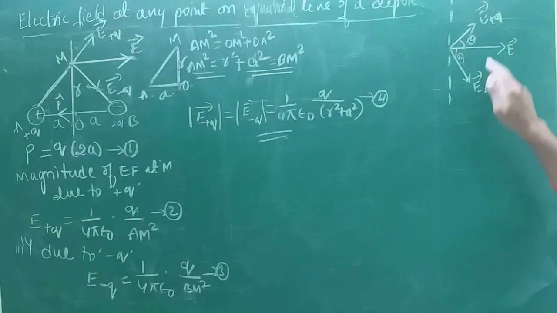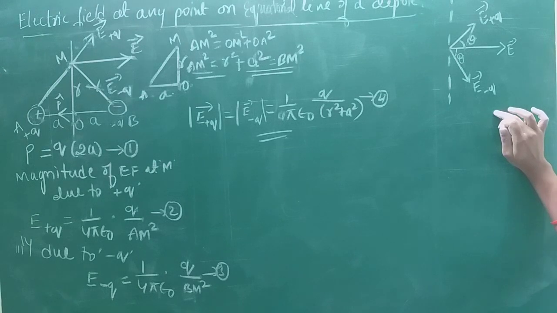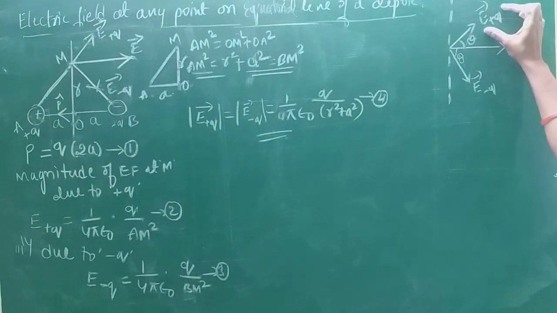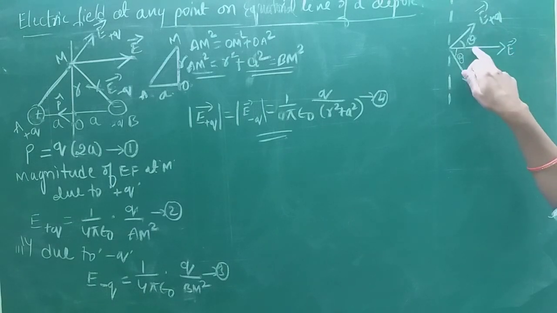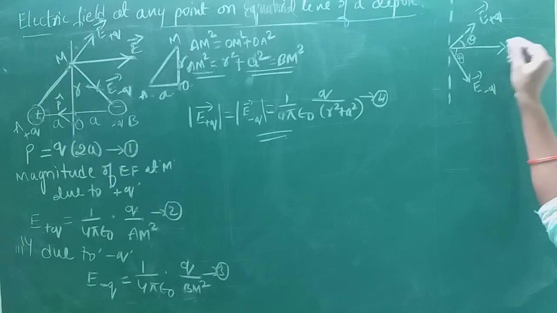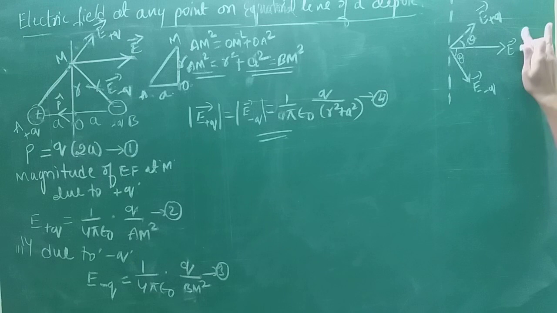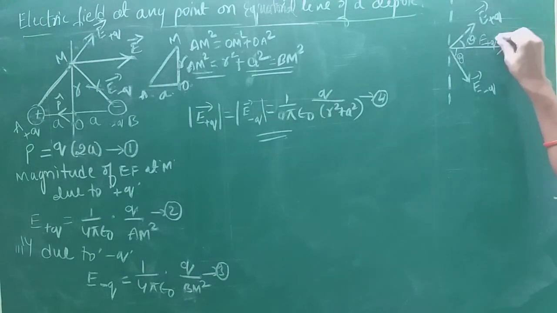If we resolve the electric fields, that is vector E plus Q and vector E minus Q, into two rectangular components, then by resolving vector E plus Q along the direction of vector E, since this is adjacent to this direction, we get the adjacent component, E plus Q cos theta. Along this direction we get E plus Q cos theta.